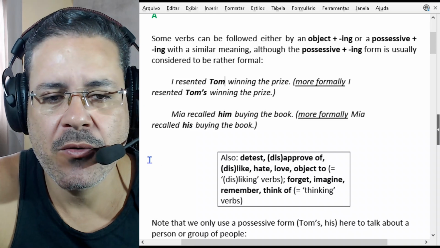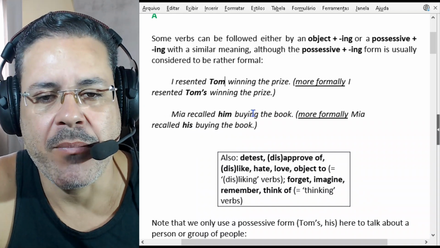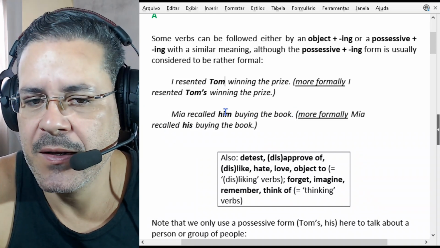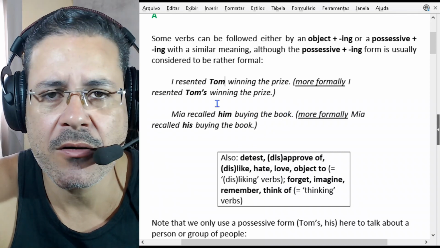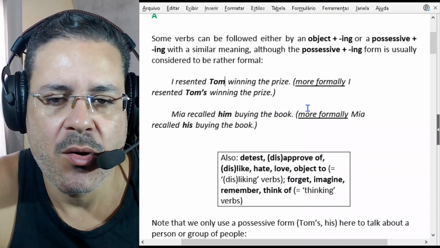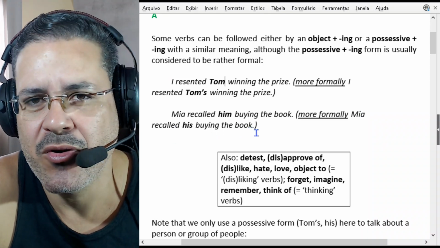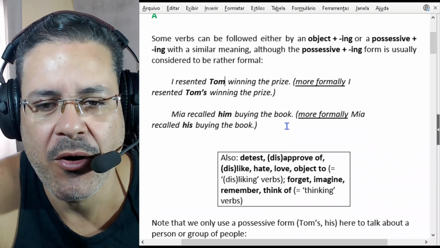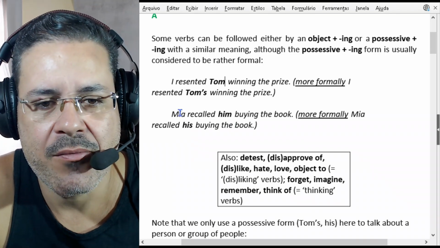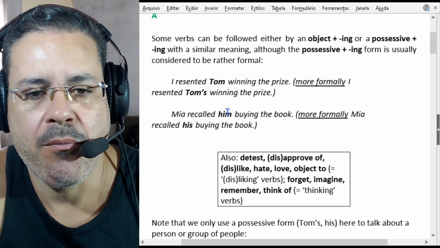Another example, Mia recalled him buying the book. Mia recalled him what? Buying the book. More formally it would be, Mia recalled his buying the book, which is quite strange, it's quite formal. So we'd rather say Mia recalled him buying the book.